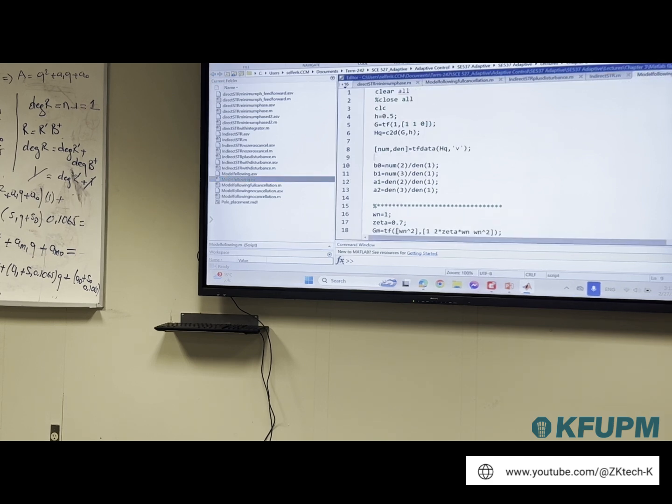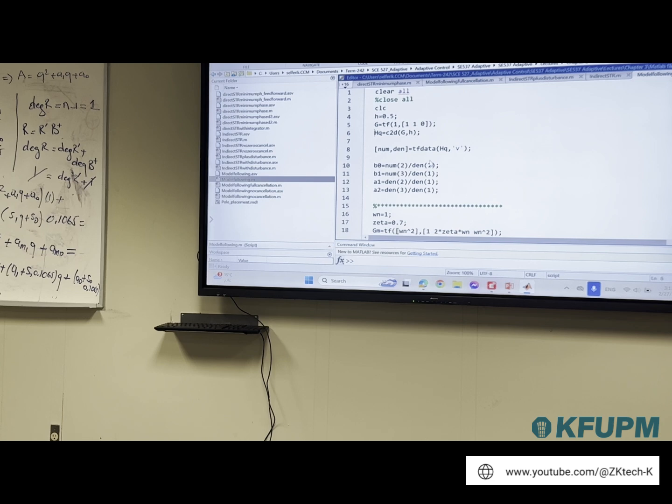Are you able to see the writing here, the code? Yes? So in the code I put here the sampling period, 0.5, as we said. I took the transfer function, which is 1 over s times s plus 1. And then I converted the system, in fact, to write it as a numerator and denominator.